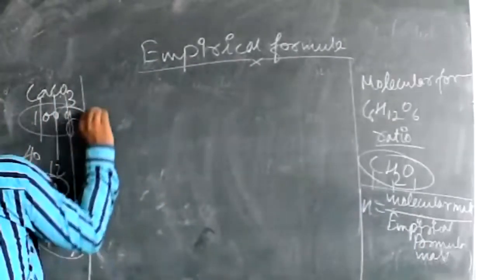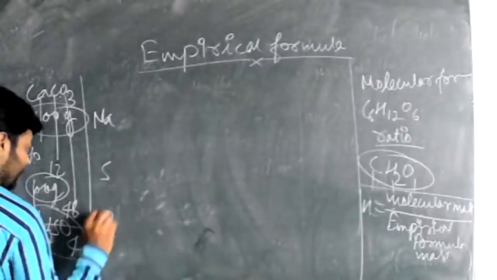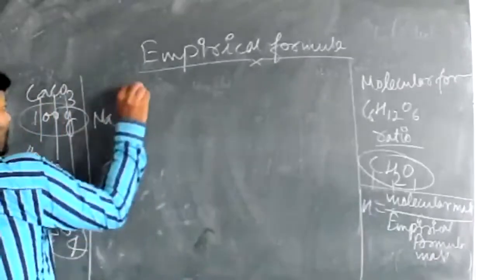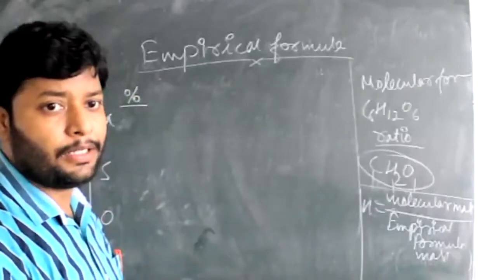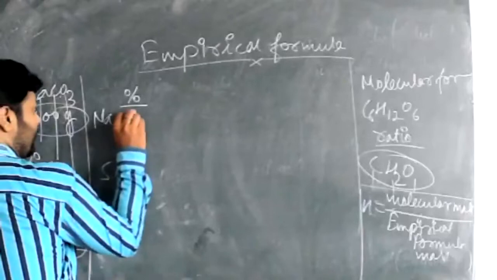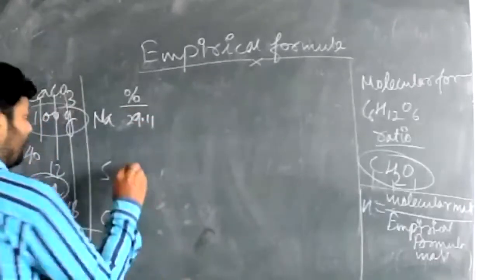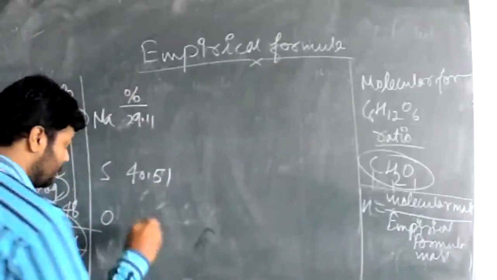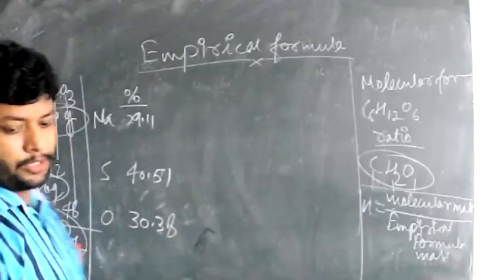Sodium, sulfur, oxygen. The percentage composition is given, that is 29.11, 40.51, 30.38.